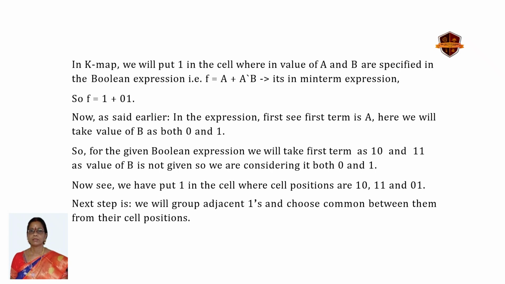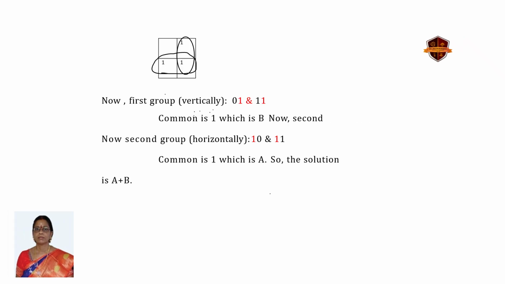So now the next step, we have to group the adjacent ones and find the minimum. So here I have grouped the adjacent ones. You have a vertical group as well as a horizontal group. For the first group, you see the vertical oval, which is given as 0 1 and 1 1.